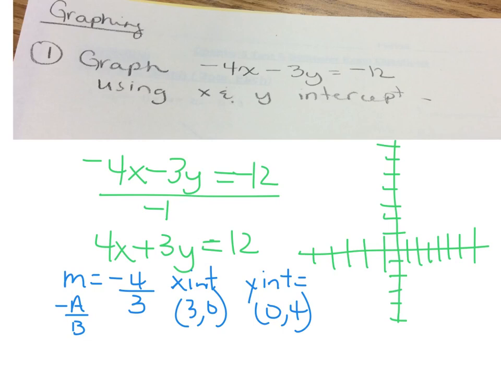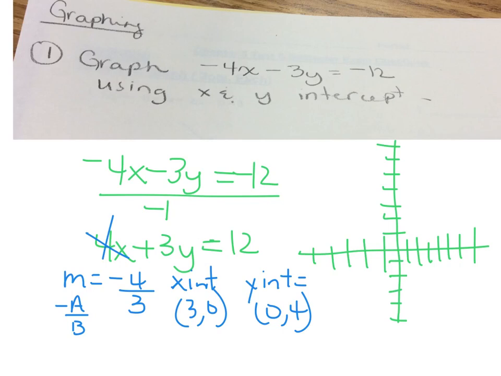My x-intercept, if you recall, you would mark out the y. 12 divided by 4 is 3, so my x-intercept is (3, 0). And for the y-intercept, you would mark out the x, and 12 divided by 3 is 4, so the y-intercept is (0, 4).